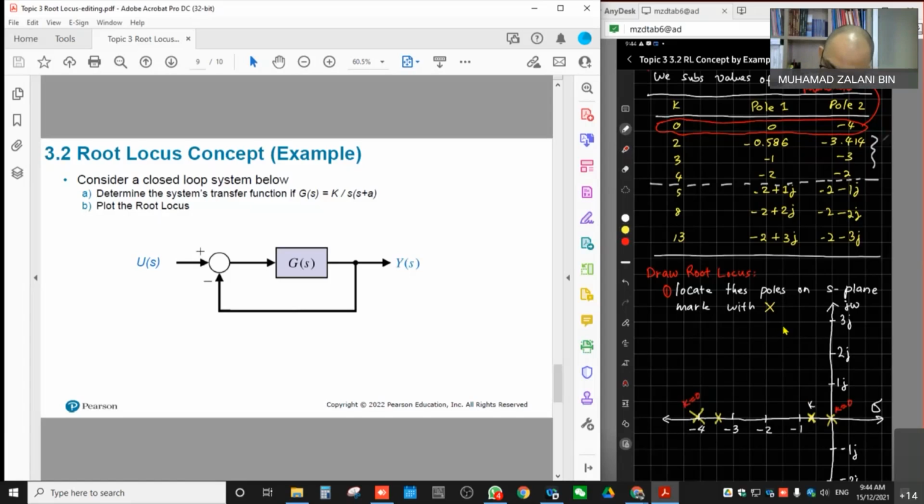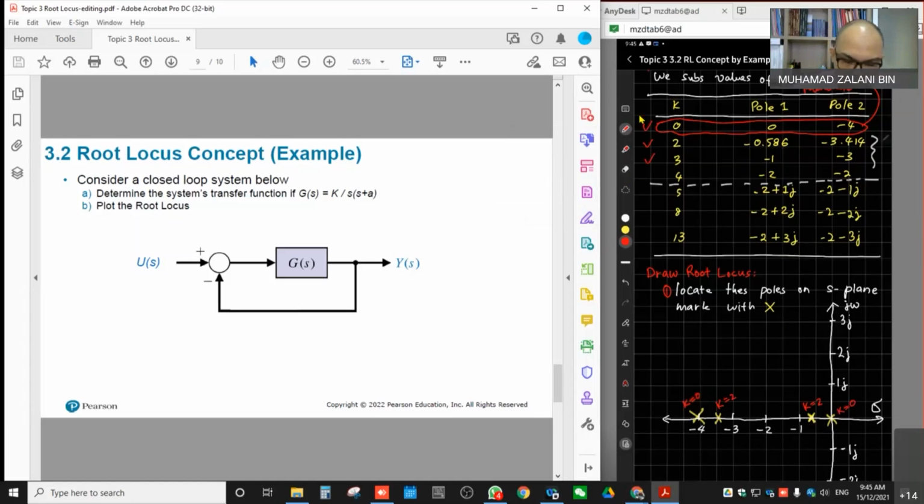The second one, K equals to 2. And this is K equals to 2. Right? Okay. So we have finished the second one. Okay, we have started with K equals to 0 and K equals to 2.